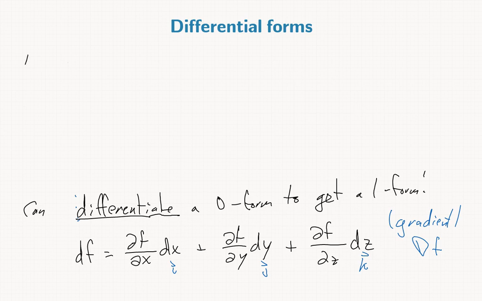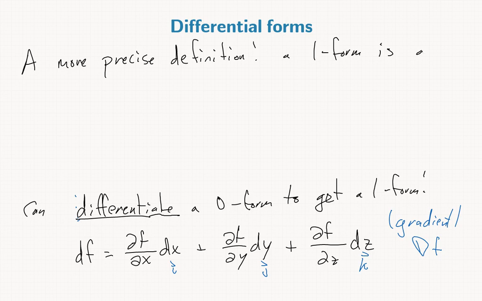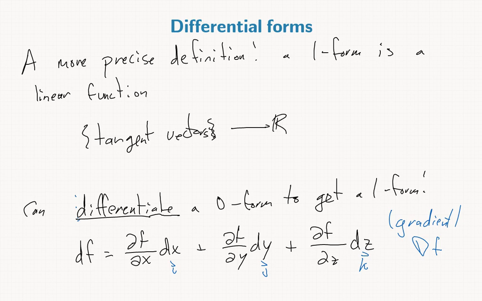So a slightly more precise definition is, a one form is a linear function from tangent vectors to the real numbers. So why do I say a tangent vector?